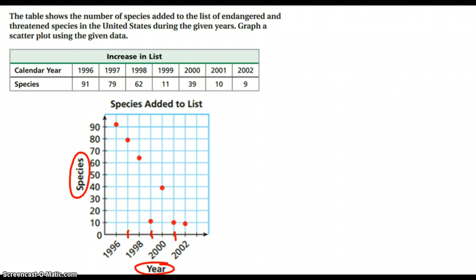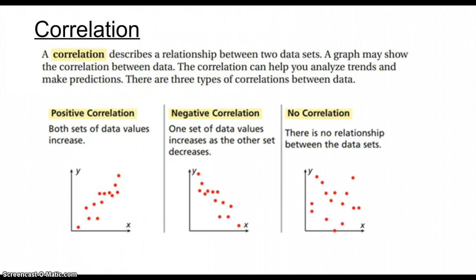Now, keep in mind you're not going to connect these points, because even when you look at what your x-axis is talking about, you wouldn't have 1996.25 years, or even more interesting, you wouldn't have any species like 2.5 species or 72.6 species or anything like that. So they're just points that are plotted. Okay, so we wouldn't connect those lines. All right, so that's a scatter plot.